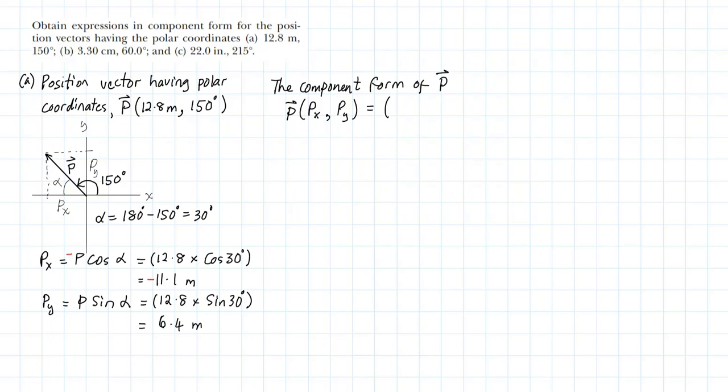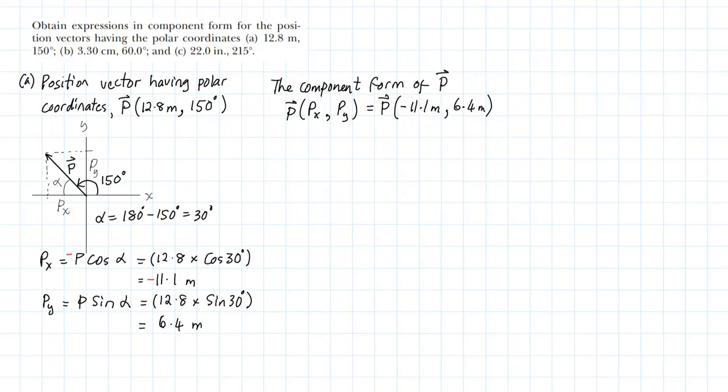This one is actually equal to negative 11.1 meter, and Py is 6.4 meter. That is the component form of position vector P.